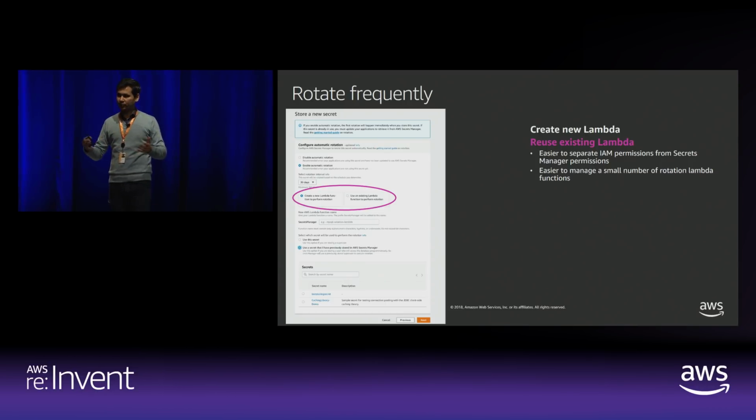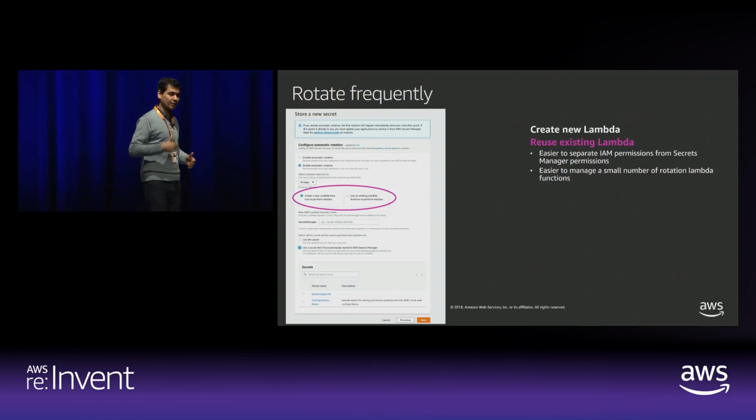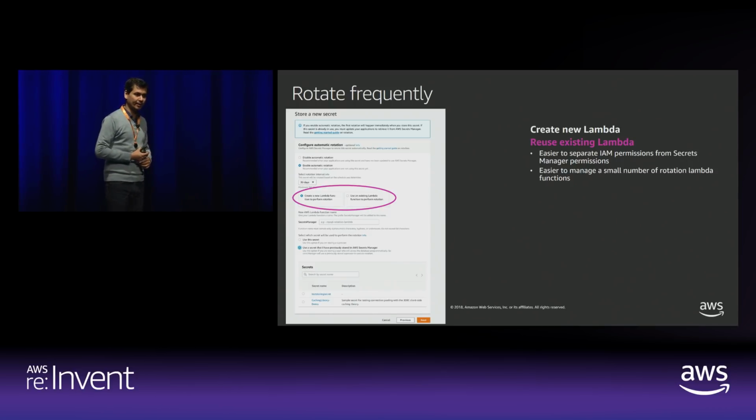So one path forward is a very small group of employees have the ability to create these rotation Lambdas as well as the IAM roles, while a much larger group of employees gets the permissions to store secrets, as well as call these existing Lambdas to rotate secrets. Does that make sense? Also, it's just easier to manage a smaller number of Lambda functions.